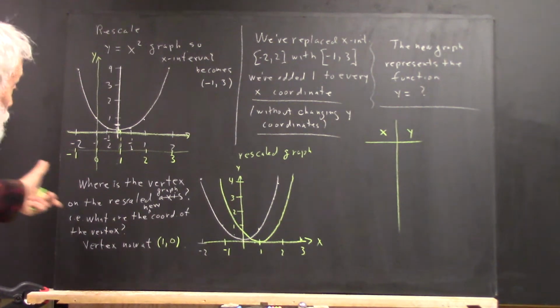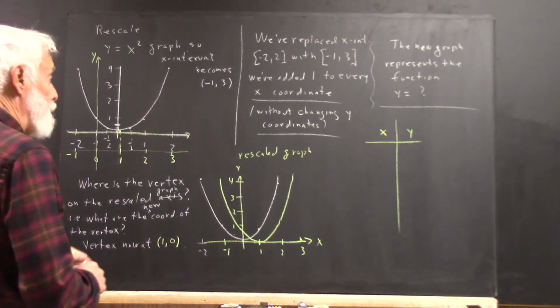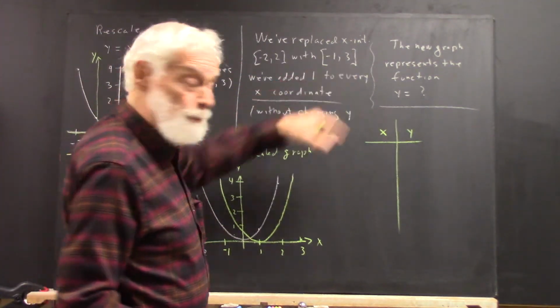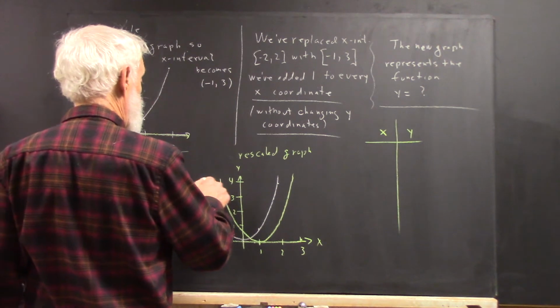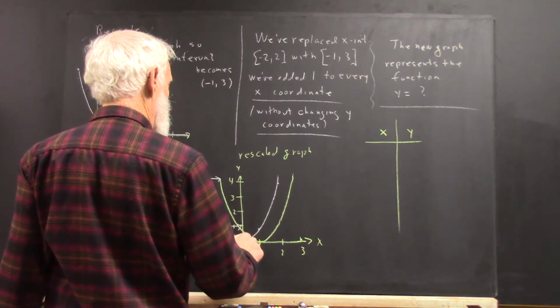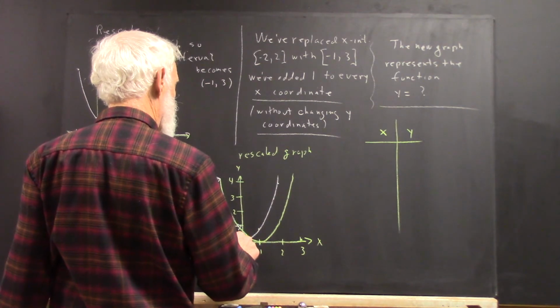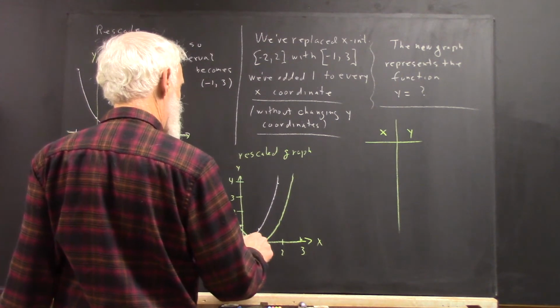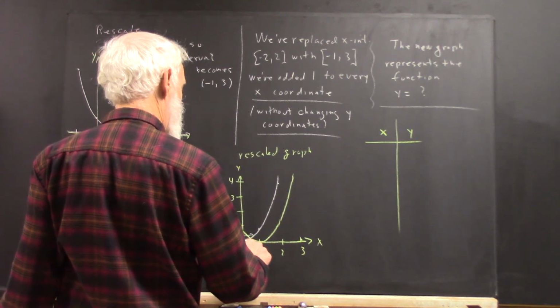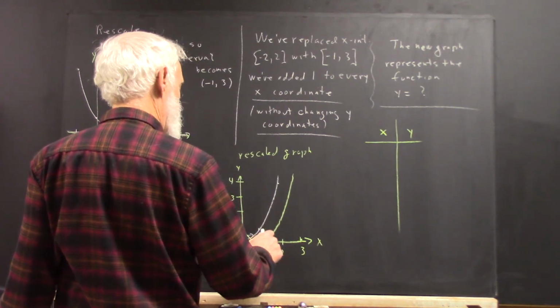And we can understand from what I've done here, replacing the -2, 2 with a -1 to 3, that every one of these points moves over 1 unit to the right. Is this making sense?